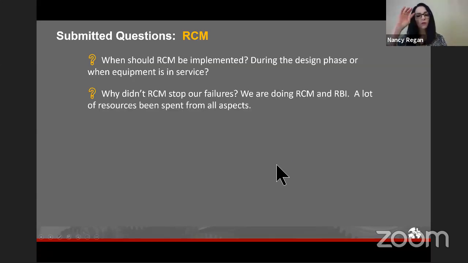Someone asked this question and I wanted to address it. Why didn't RCM stop our failures? They said, we're doing RCM and RBI, which is risk-based inspections, and a lot of resources have been spent from all aspects. Well, I can't specifically say what the problem was for you, why RCM didn't help. But number one, it depends on what kind of RCM you are implementing.